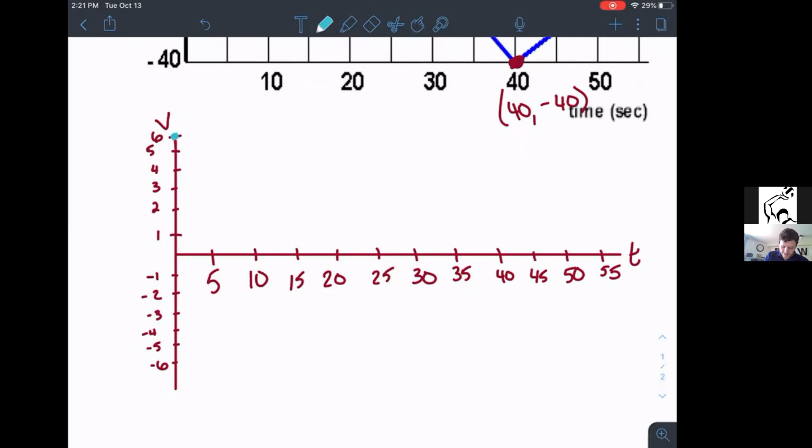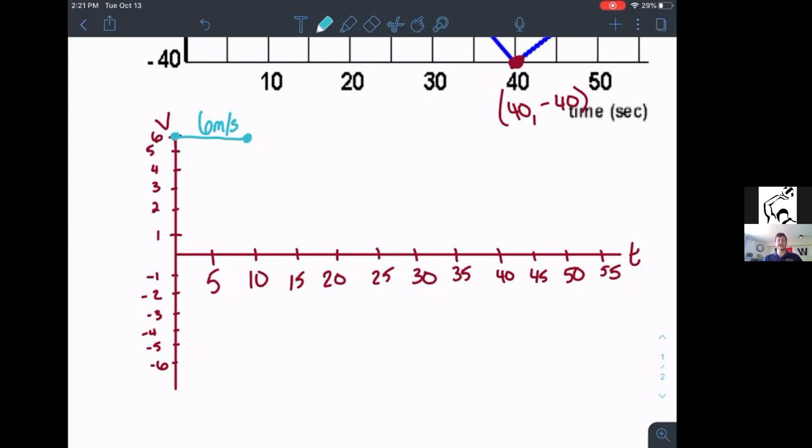So we need to be at 6 meters per second at 0 seconds. We still need to be moving at 6 meters per second at 10 seconds, which means that every second in between, we're going to continue moving at 6 meters per second. So we have a horizontal line, a constant velocity for the first 10 seconds. So we're going to do 6 meters per second.